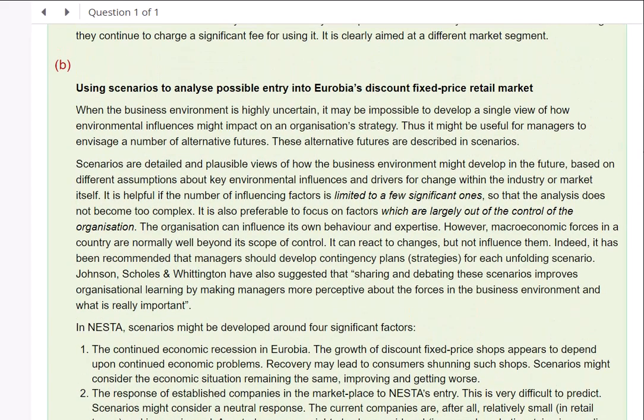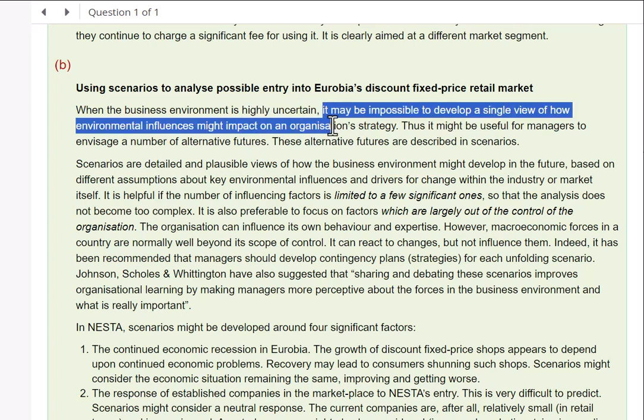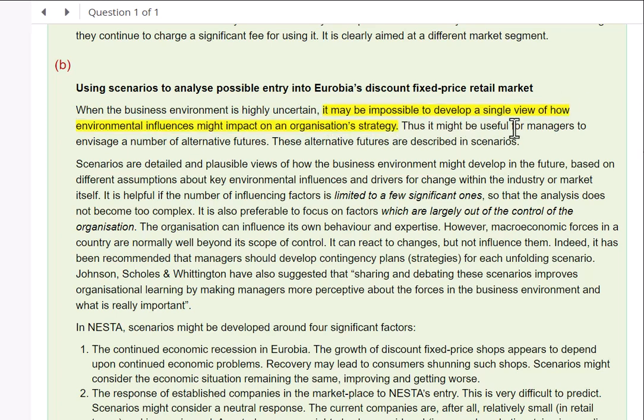Now in part B, let me discuss again a few points from the scenario. When a business environment is highly uncertain, it may be impossible to develop a single view of how the environment might impact organizational strategy. So it might be useful for the manager to investigate a number of alternative futures, described in the scenarios.